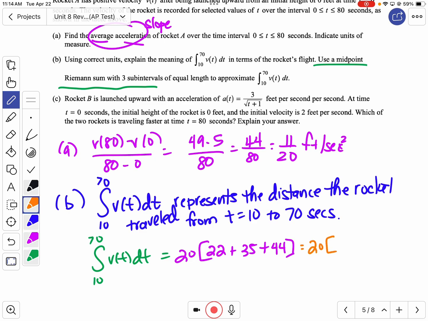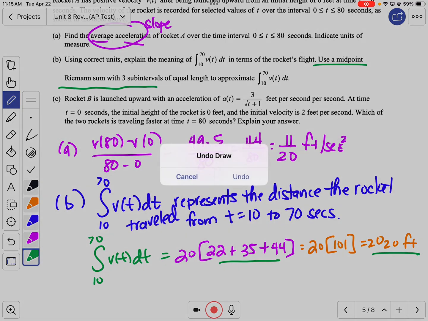Which would give me 20 times 101, which would give me 2020. Oh, great number. And it's feet. Okay. So, the second point came from using those y values, and your last point from the answer. So it was worth 3 points.